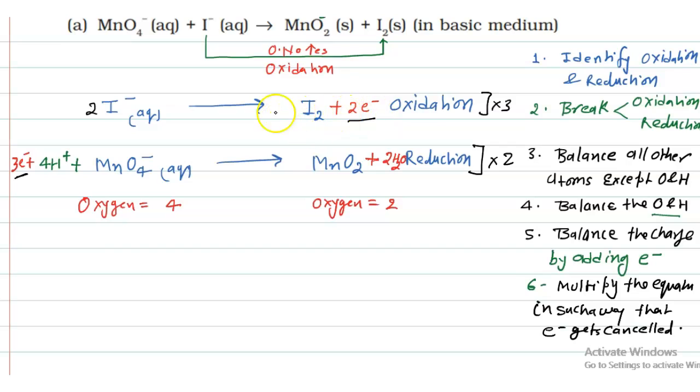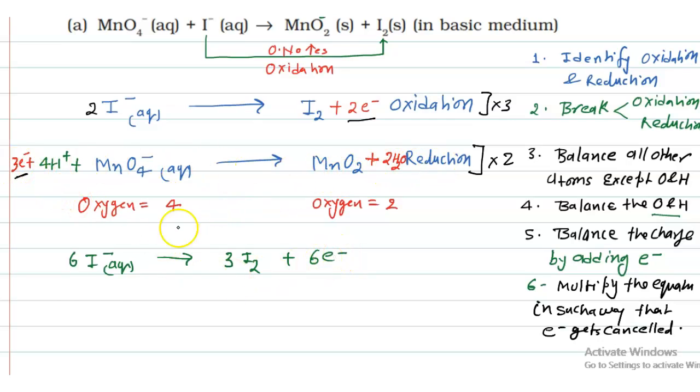When we multiply the oxidation equation by 3, the new equation will be 6I minus aqueous gives 3I2 plus 6 electrons.